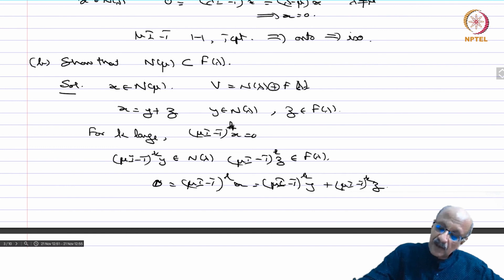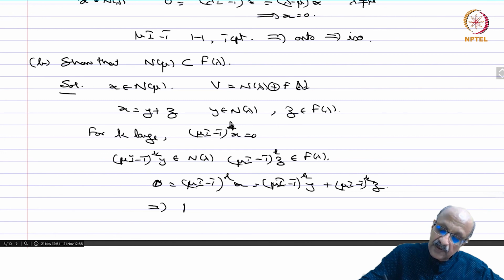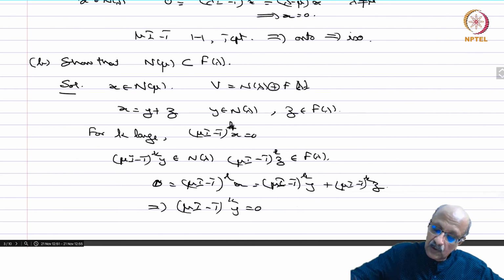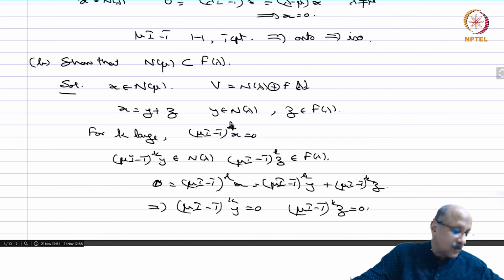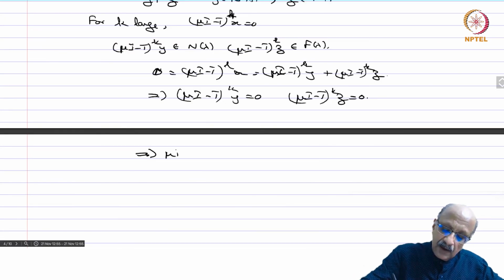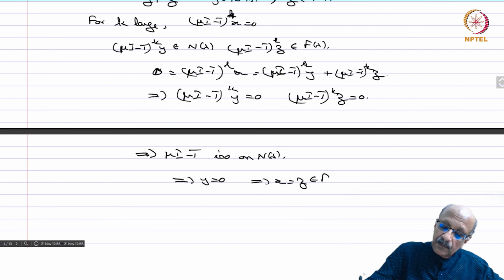But then this decomposition has to be unique because it's a direct sum. So this implies that (mu I minus T)^k y equal to 0, and (mu I minus T)^k z is also 0. And since mu I minus T is an isomorphism on N(lambda), you have that y equal to 0. So this implies x equals z, which belongs to F(lambda). So we have that N(mu) is contained in F(lambda).